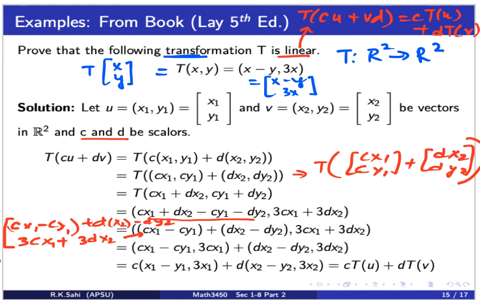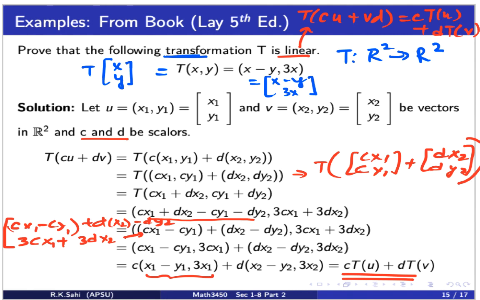So c times (x1 minus y1, 3x1), plus d times (x2 minus y2, 3x2). Basically this is T of u, so this is u. When you apply T on it, it will give you x1 minus y1, 3x1, and similarly d times x2 minus y2, 3x2. This automatically proves that this T is a linear transformation.